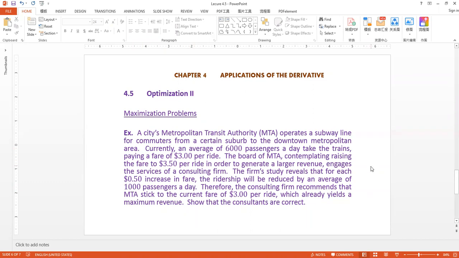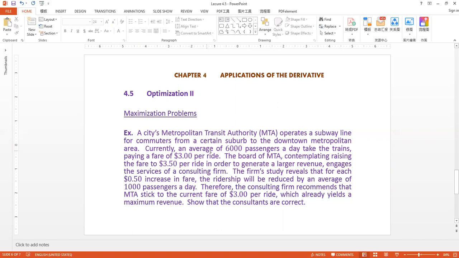especially the derivatives. So the example is: a city's metropolitan transit authority operates a subway line from commuters from a certain suburb to the downtown metropolitan area. Okay, so it's subway.